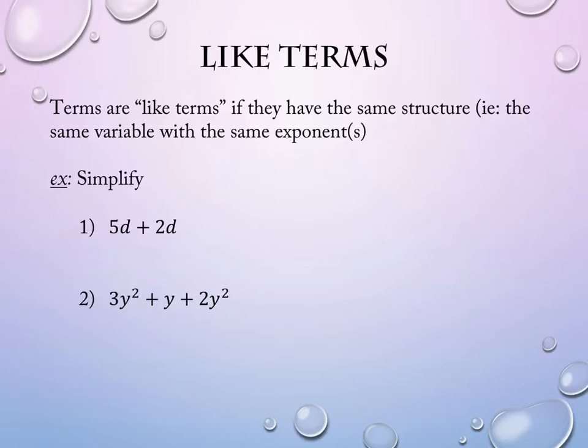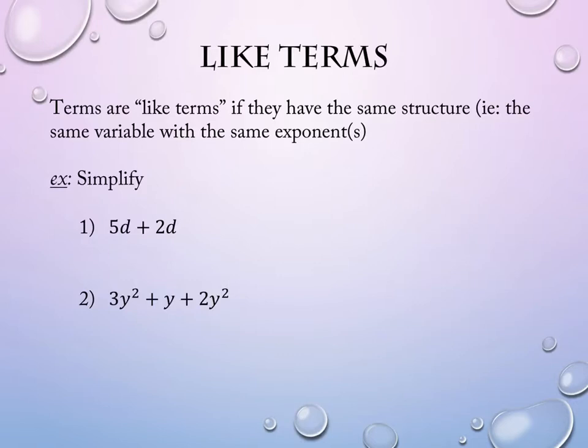So the first one, 5D plus 2D, those are like terms because they both have the same variable, D, and neither of the D's have what we see as an exponent. Or we could say they have an exponent of 1, if you want to think about it that way. Okay? So those are like terms. So what does that mean? Well, it means that I can combine them.